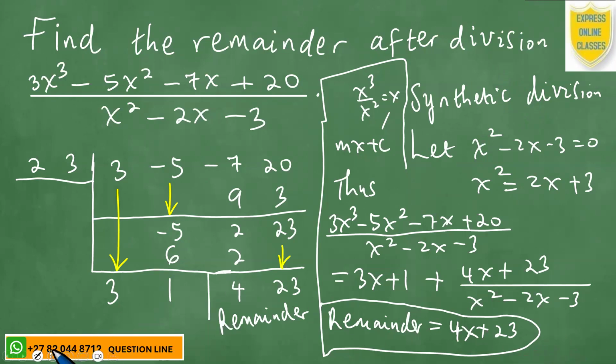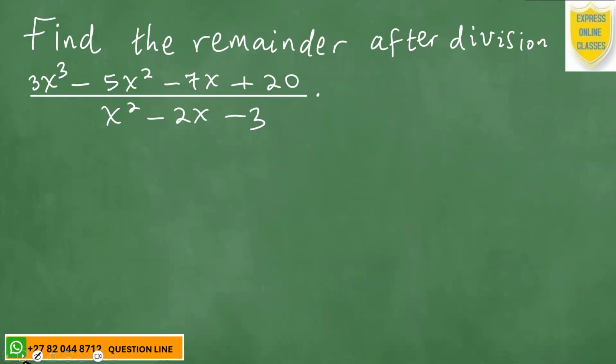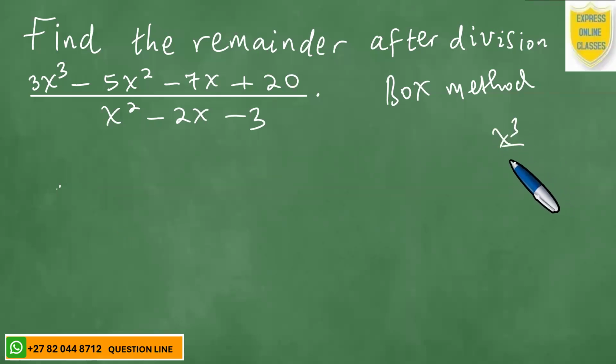We continue with our practice. The next method we shall use is a method we call the box method of division. We divide x cubed by x squared. If you divide x cubed by x squared, we get an x, and this particular x is linear, it is of the form mx plus c, giving us a linear polynomial expression.